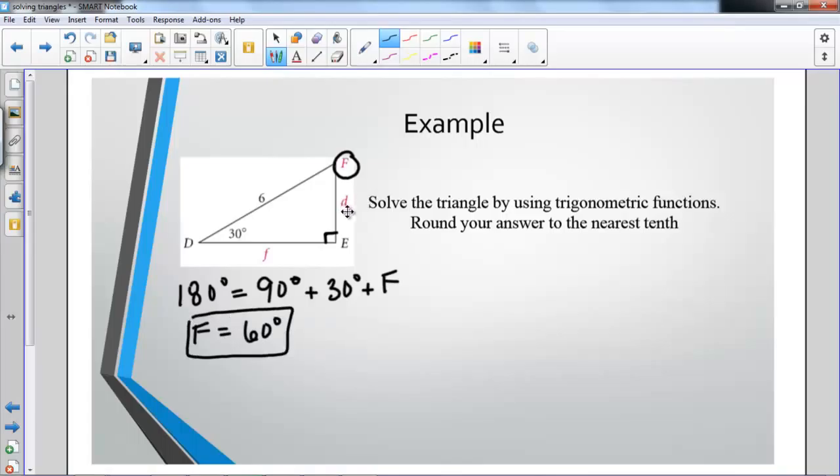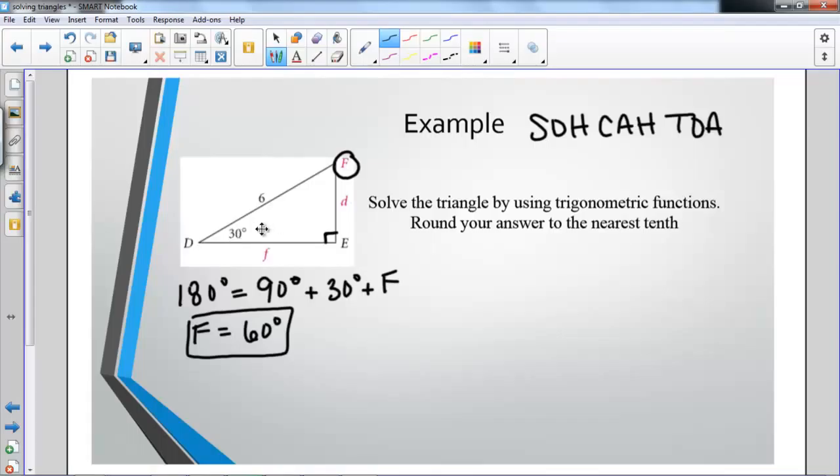The next thing I need to do is solve for either side D or side F. Here I'm going to choose to start with side D. So keep in mind SOHCAHTOA. If I'm going to start with side D, I'm going to use angle D, 30 degrees.